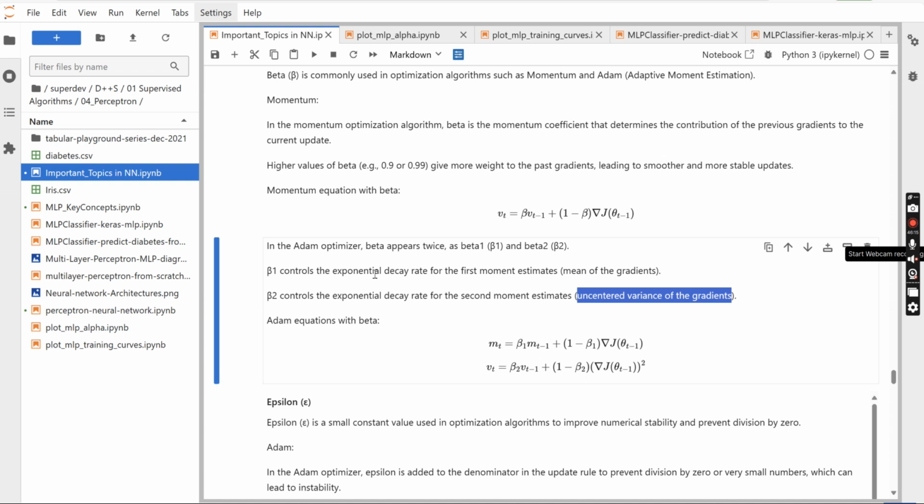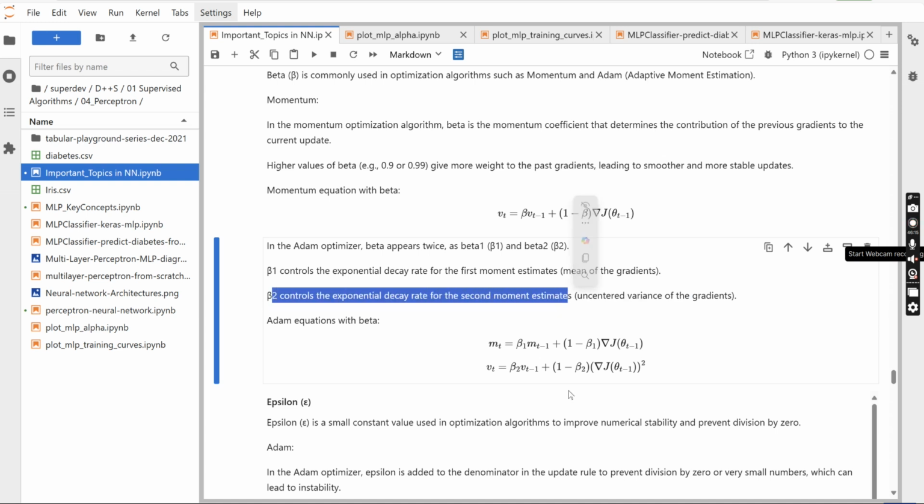One is the mean squared average, the variance of the gradients, and beta 2 controls the exponential decay in that.